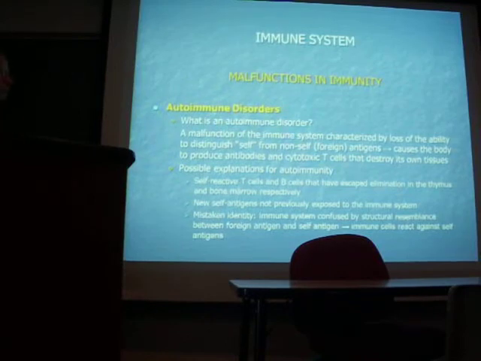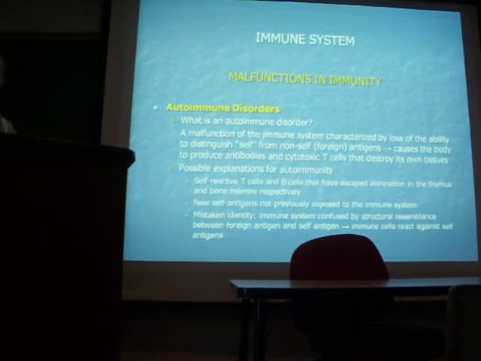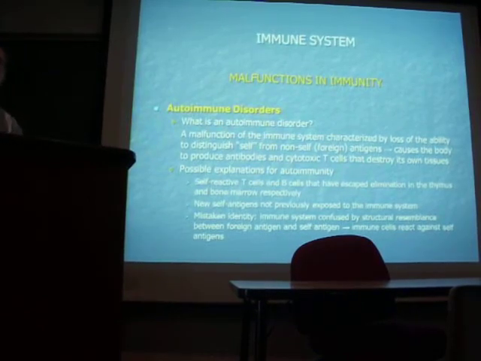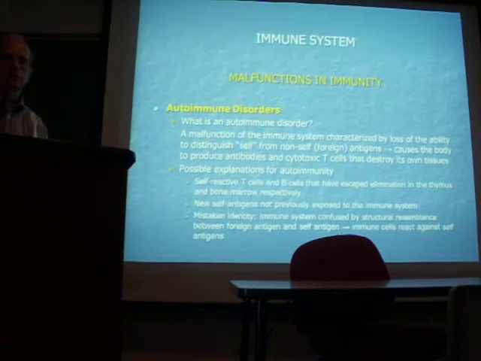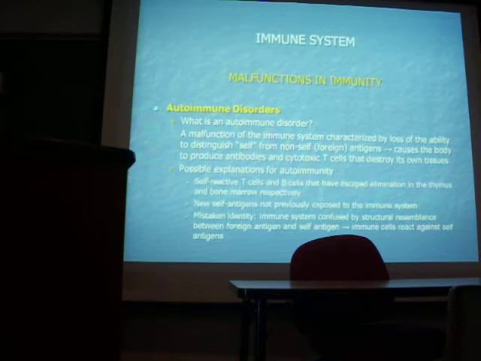So an autoimmune disorder is a malfunction of the immune system that's characterized by a loss of the ability to distinguish self-antigens from non-self antigens. It causes the body to produce antibodies against self-antigens that are perceived by cells of the immune system to be foreign to it. Now there are different possible explanations for this autoimmunity.